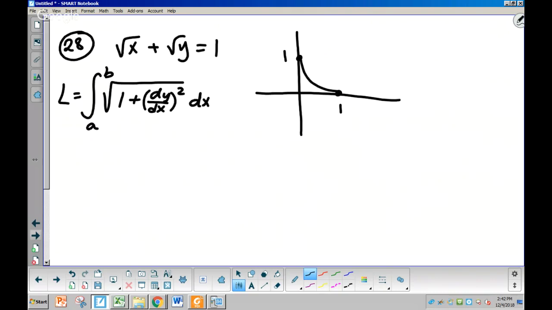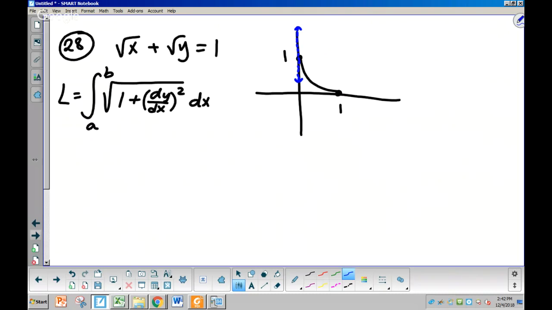If I'm integrating from 0 to 1, anybody see a problem? The derivative doesn't exist there, does it? So if it doesn't exist there, you can't use it as an endpoint. Limits.